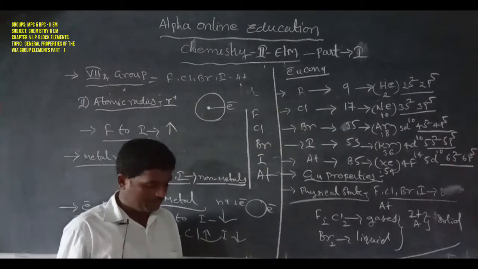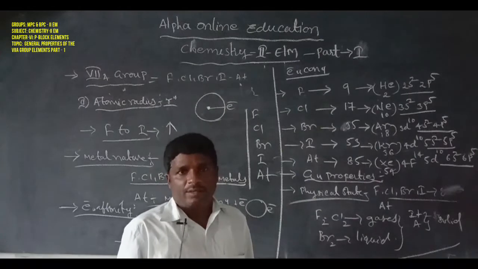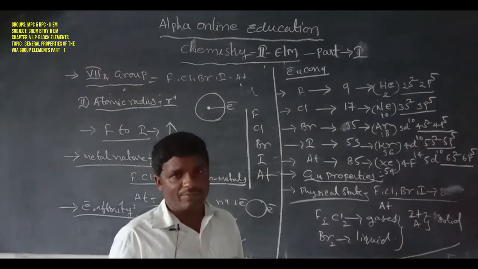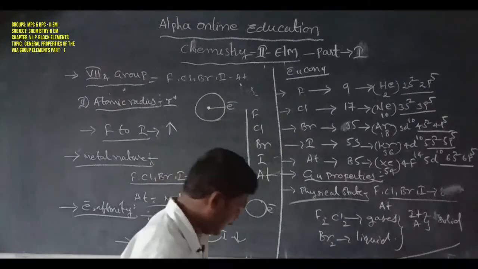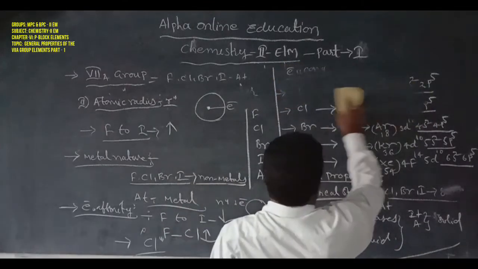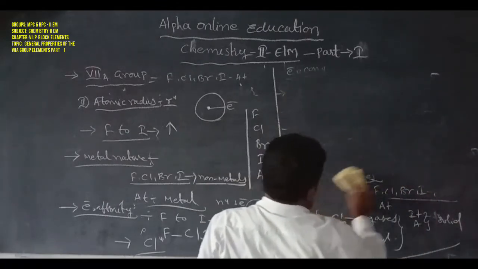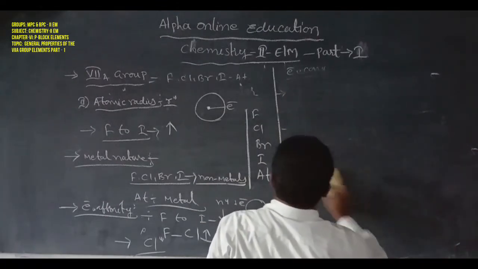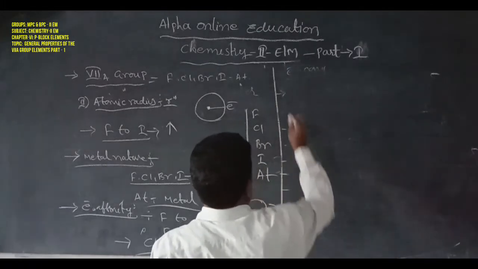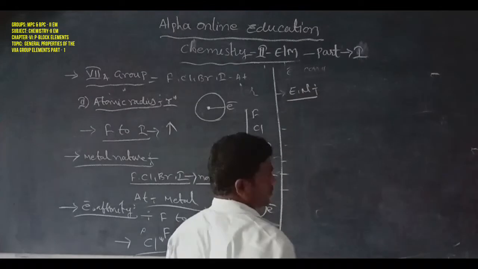Next, another one: electronegativity. EN means electronegativity: the tendency of an atom to gain electrons is called electronegativity.